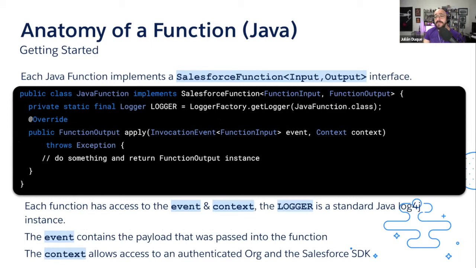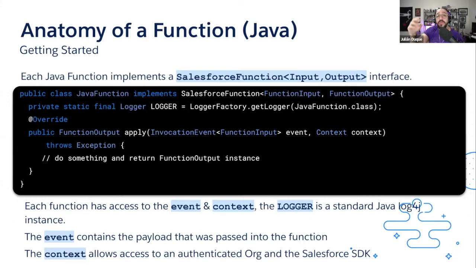In Java, it's pretty similar. We have a class that implements a Salesforce function interface. The Salesforce function interface has two specific types of objects that you define depending on your needs. One is the input and the other one is the output.